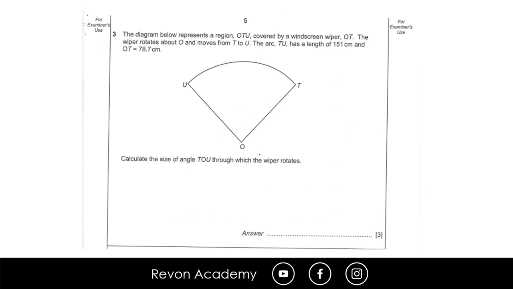So your OT is 78.7, and since this is a sector, you also know that OU should be equal to 78.7. O is the center, and an arc is part of a circle. The distance from the center to any point on the circumference is the radius. So OU should be equal to OT.